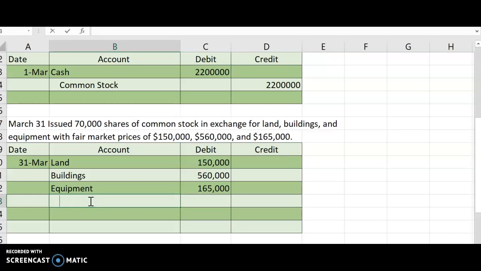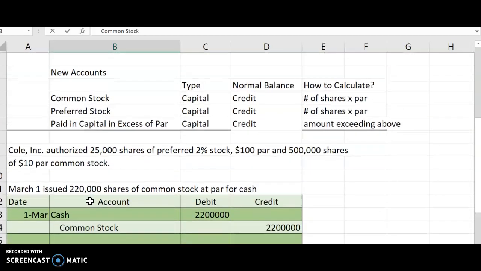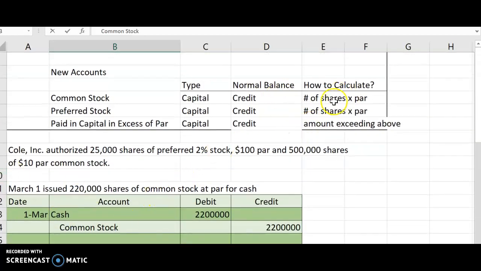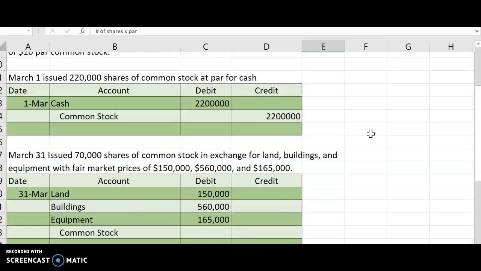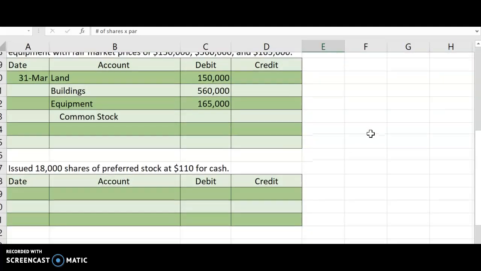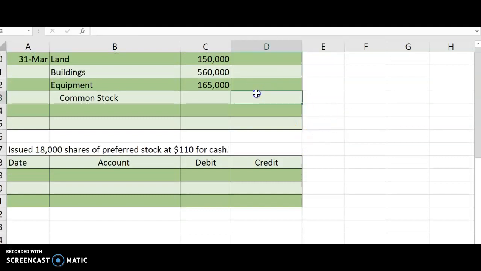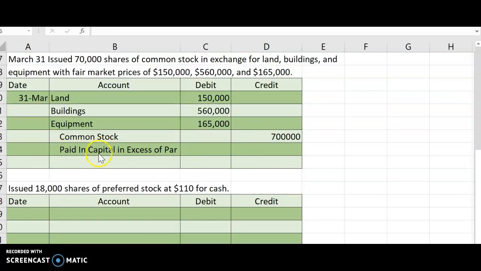So we issued 70,000 shares of common stock, so we're going to credit common stock, and remember, you calculate common stock by the number of shares times par, and here par is $10, so we're going to do 70,000 times 10. The balancing entry here is going to be paid in capital in excess of par for the excess.